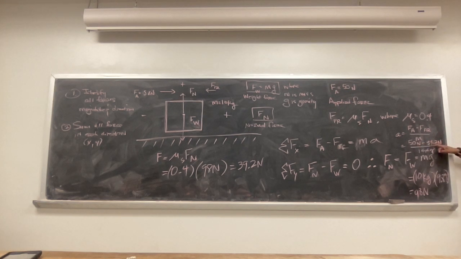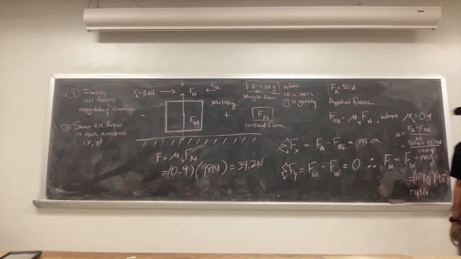So 50 minus 39.2 gives us 10.8. And then divide that by 10: 1.08 meters per second squared.